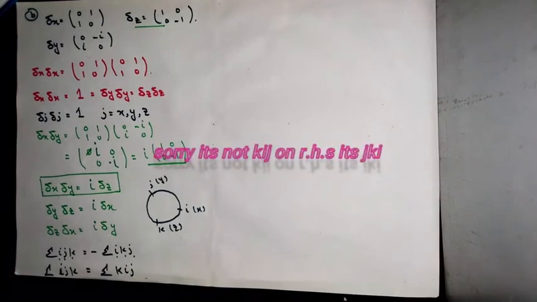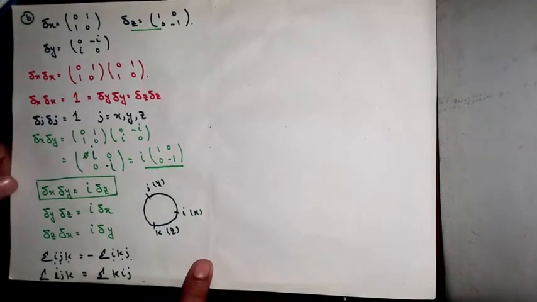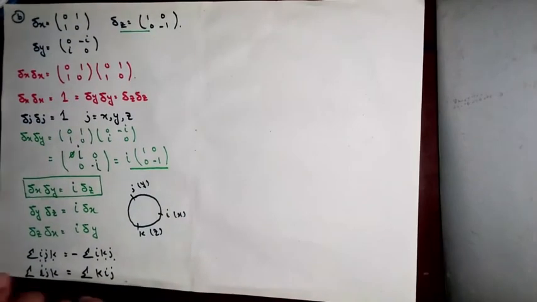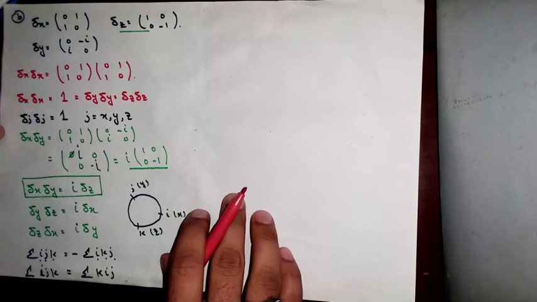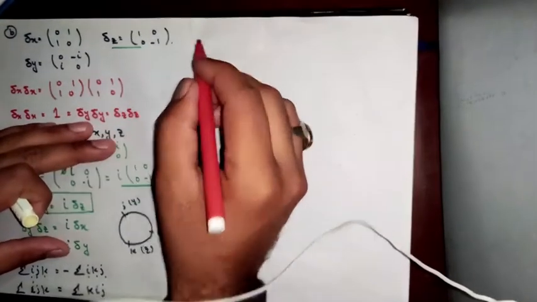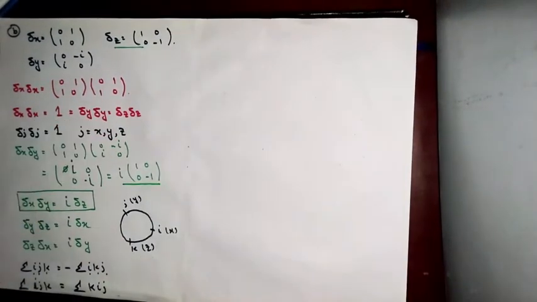If we change the order, the sign is not changing, but if we change the places of the suffixes, we get a negative sign. So here is the positive answer. And now if I reverse the direction of the given suffixes, I can put a negative sign here. I can reverse this, so sigma y and sigma x.